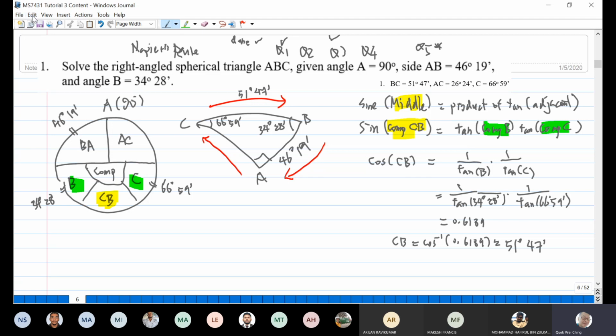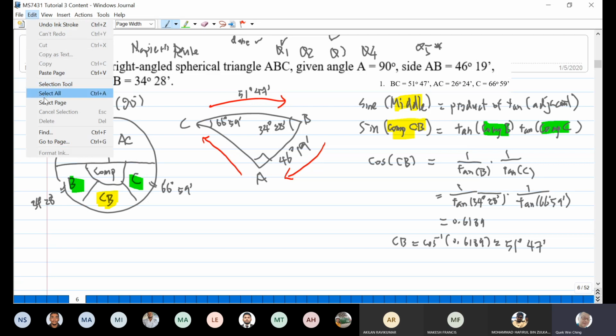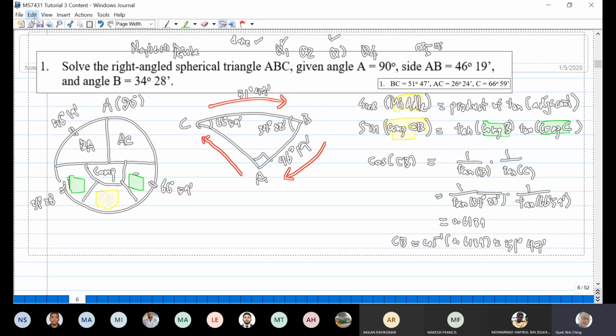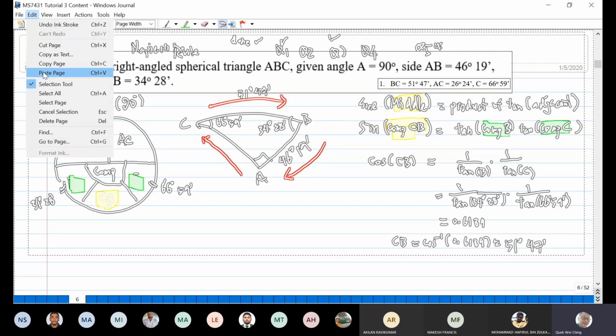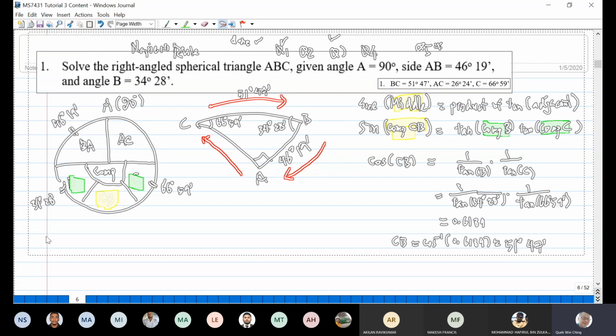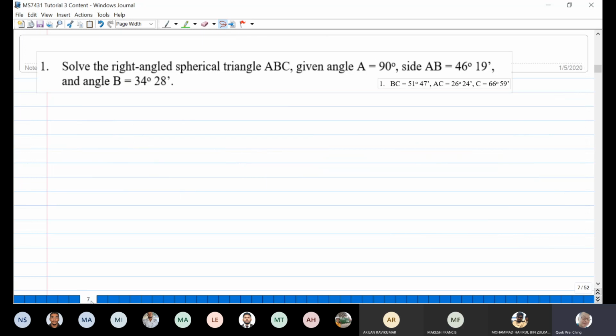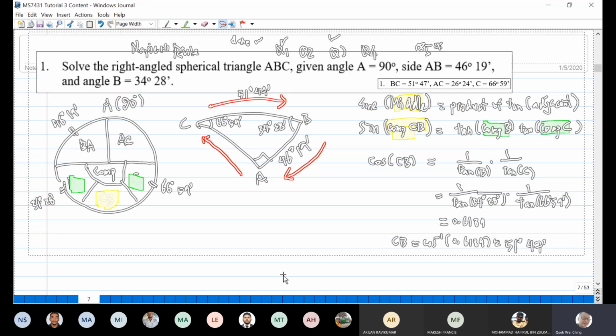So let me copy this page here, or just assign to you this page first. Okay, we'll select this here and then copy, select copy page here. So I'm going to now go to the next page now and find out the last part, AC now.